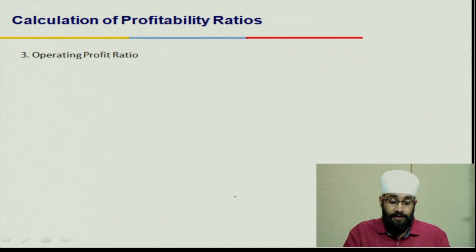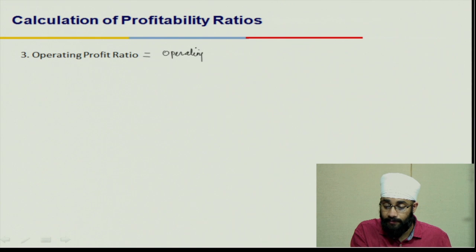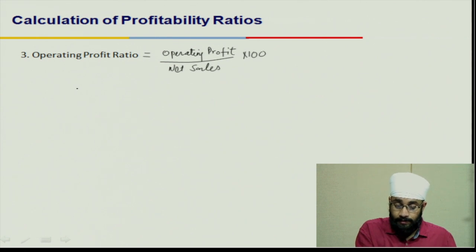Let us now look at the third ratio for profitability, which is operating profit ratio. So simply we divide operating profit of the business by net sales and multiply by 100. So question is, what is operating profit?